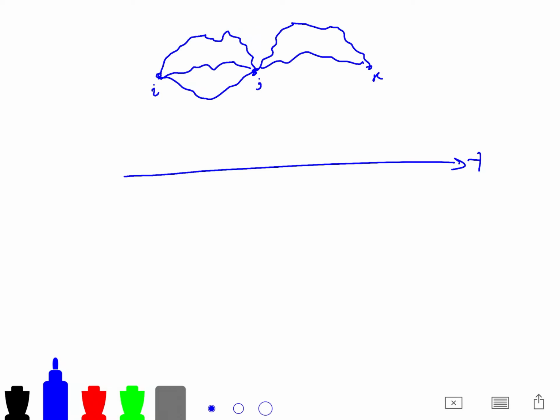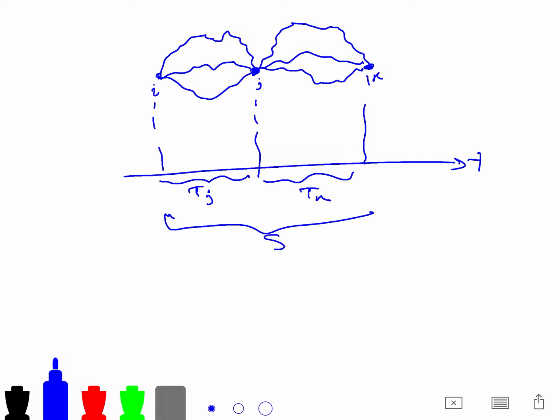Because it is not a very dense graph, you should cross j before reaching k. So let's see what happens. This time it takes T_k, and from here to here it takes T_j, and the total time is just S.